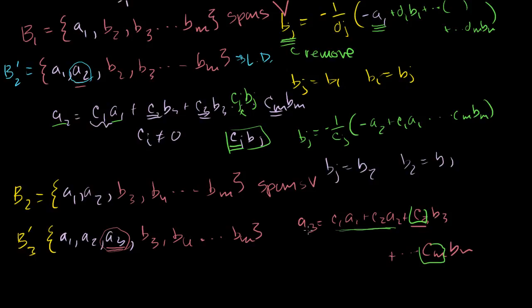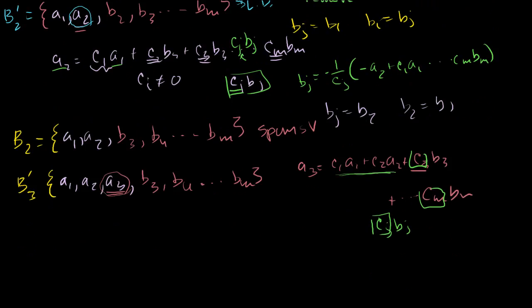And we know that a3 can't be represented as a linear combination of the a terms because all these a terms come from a linearly independent set. So you do the same operation. Let's say that some cj is non-zero, then you can solve for that bj. Then I do that little renaming where I rename the bj b3 and rename b3 bj, and then I remove b3.